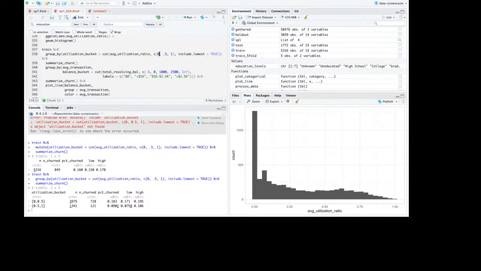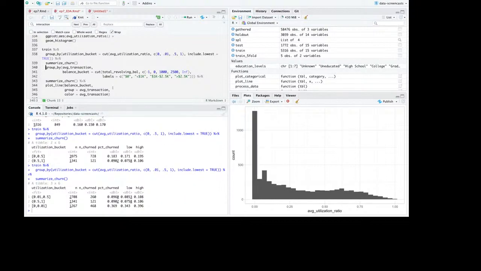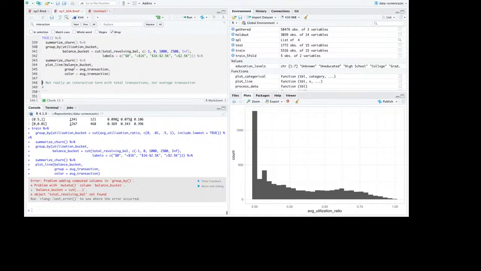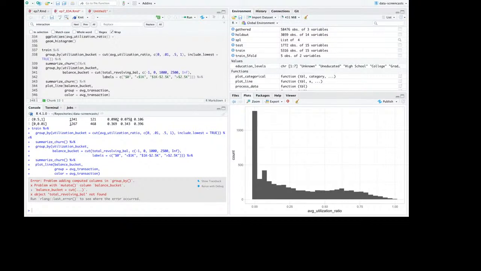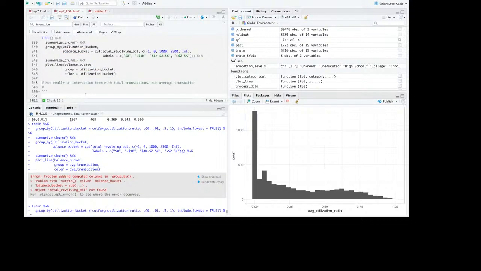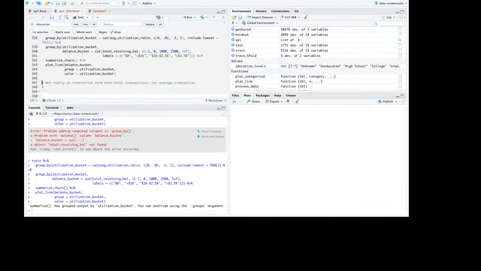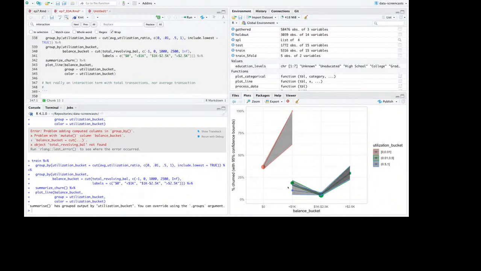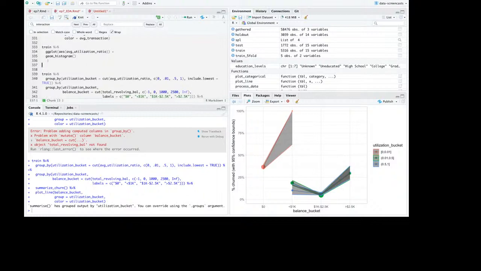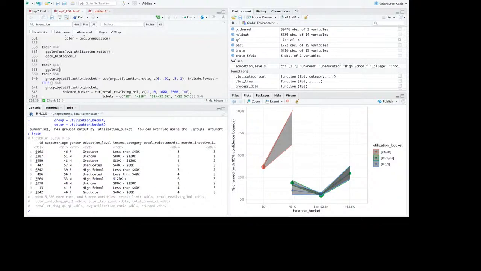All right, and 0 to, here we go. So yeah, here's the story we can see on this scatter plot.